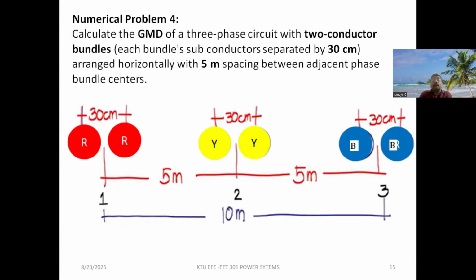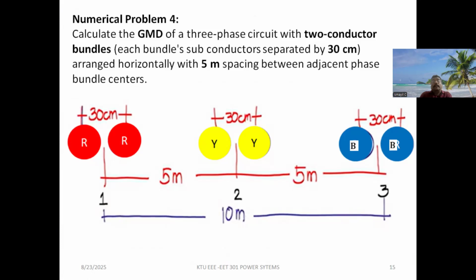Till now, we are done with problems on single-stranded conductor. Now, this problem is using bundled conductors. We all know that bundled conductors are used for improving several factors of the power transmission line.